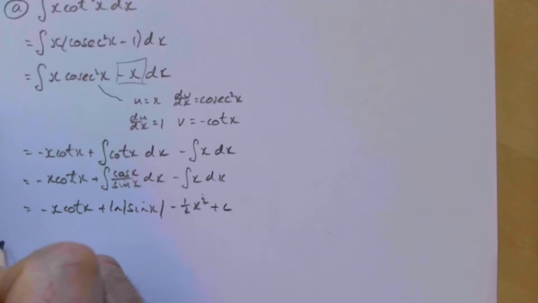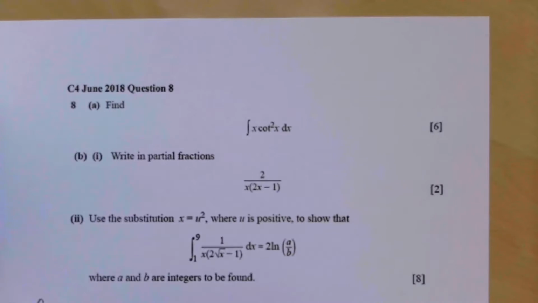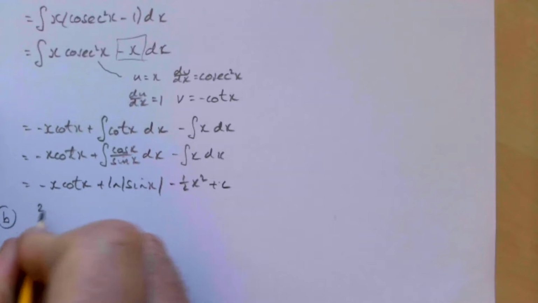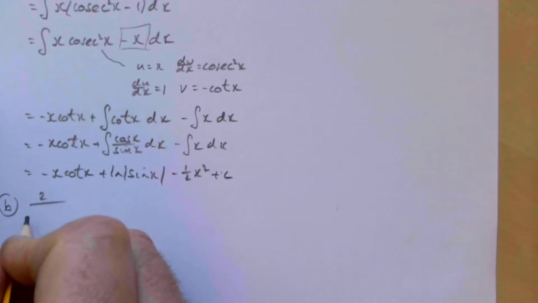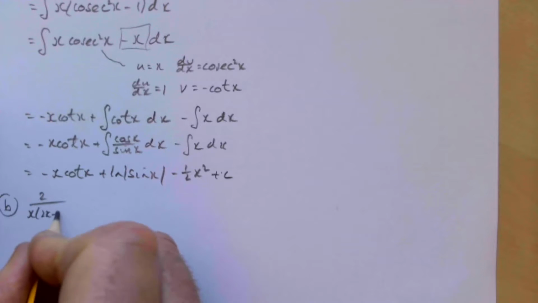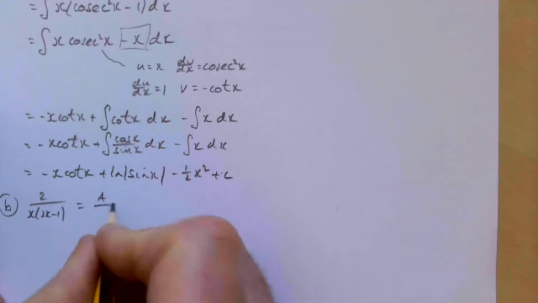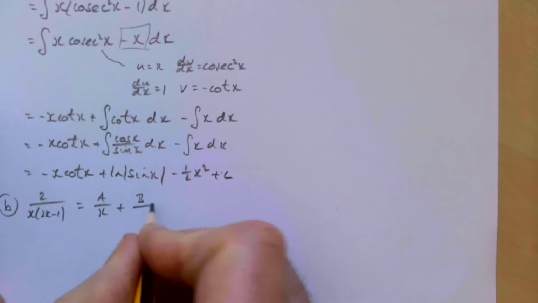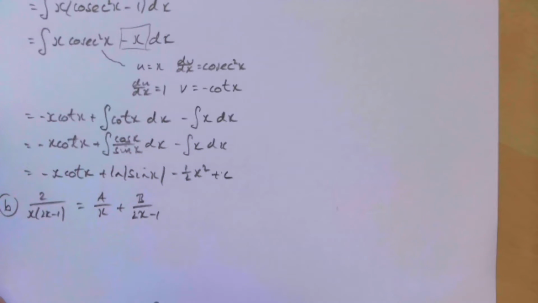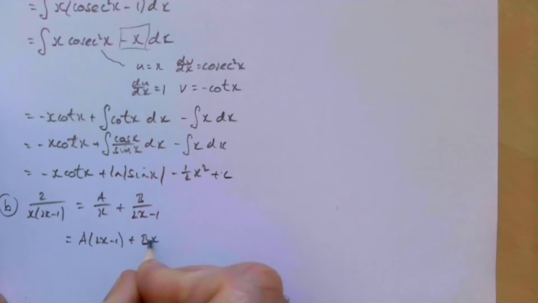Part B, write in partial fractions 2 over x upon 2x minus 1. So a over x plus b over 2x minus 1. That's a upon 2x minus 1 plus b upon x all over x upon 2x minus 1.